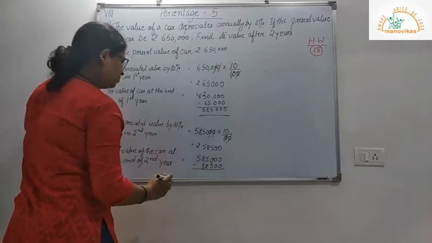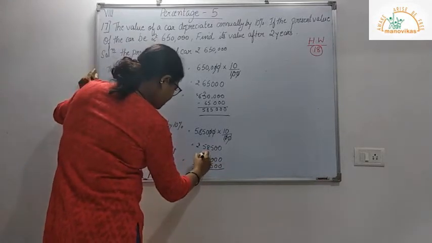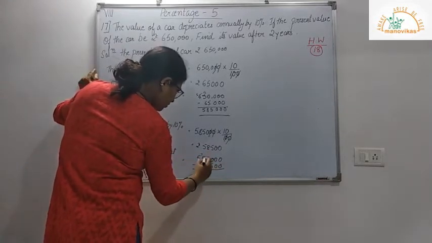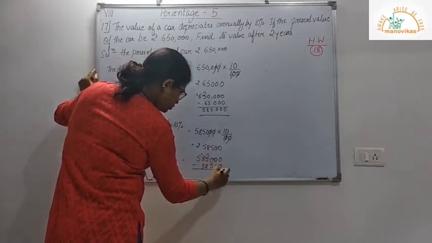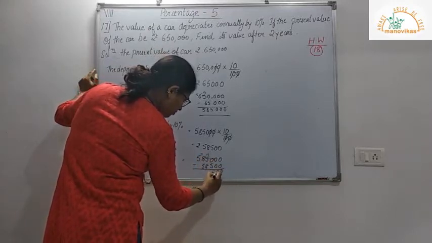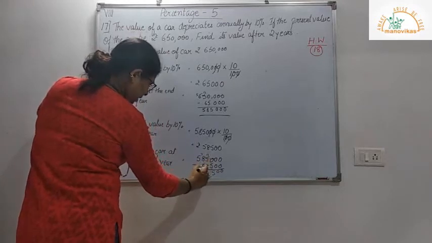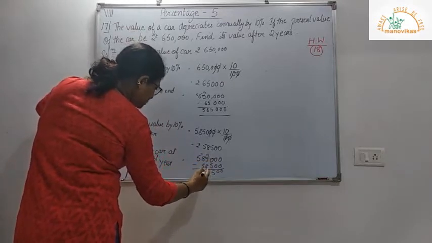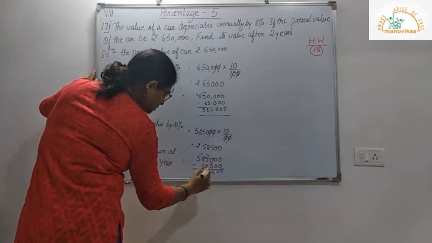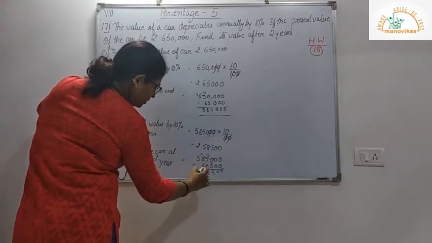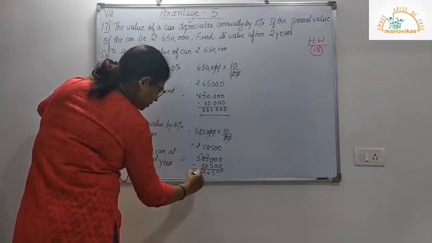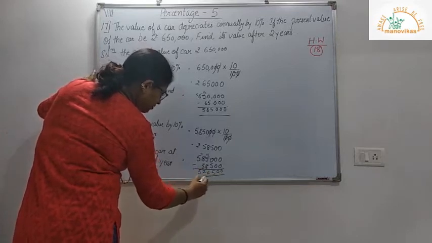585,000. So here now this comes to 7, 15, 14, here 1. So 0, 0, 5. 14 minus 8 is here, that is 6. Then 7 minus 5 is 2, and here 5. So this is my value.